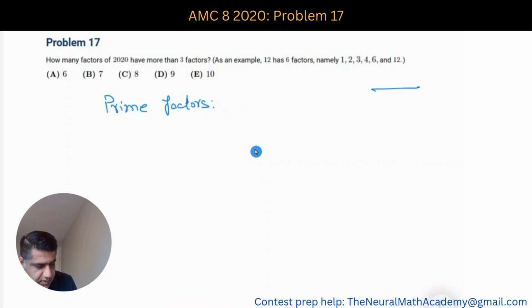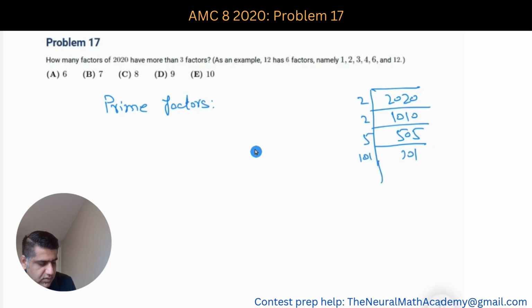We can find them with this method. We just write 2020 and divide it by 2. We will get this, then we divide by 2 again, we get 505, and then by 5, and then we get 101, and then if we divide by 101, I get 1. Since 101 is a prime number, I cannot do anything further.